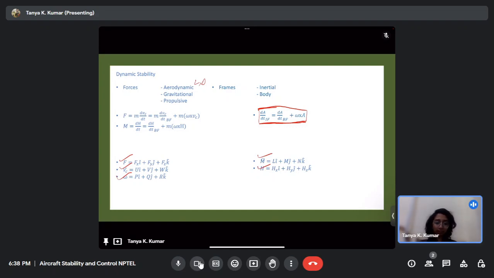Aerodynamic forces, lift and drag, are they measured in the body frame or inertial frame?